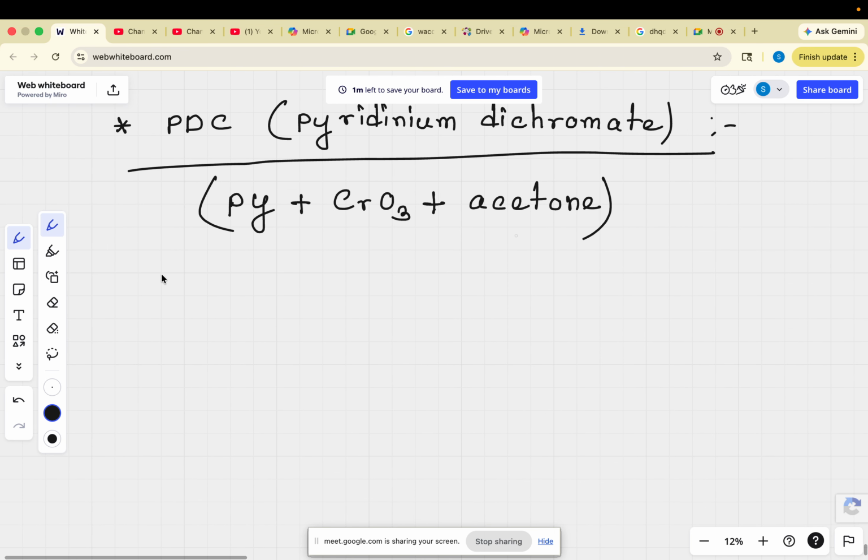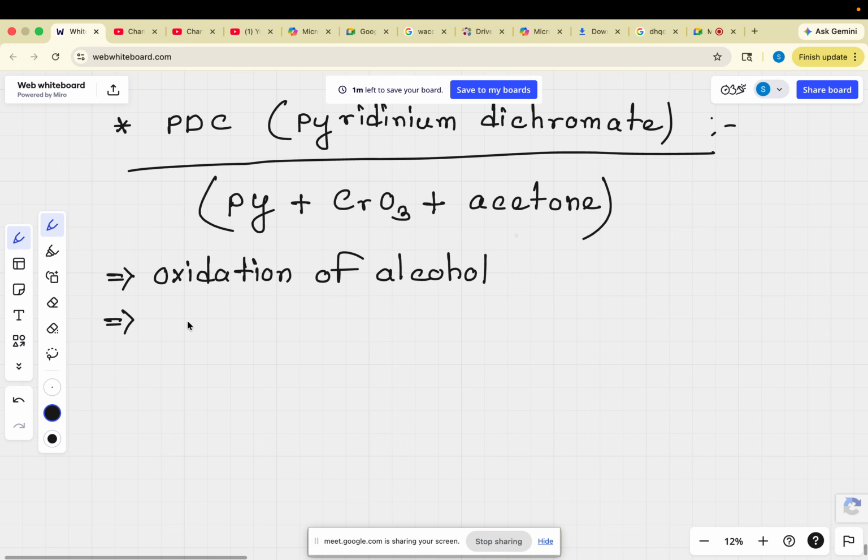What will it do? Write down: oxidation of alcohol. Okay, this is the first point, oxidation of alcohol.